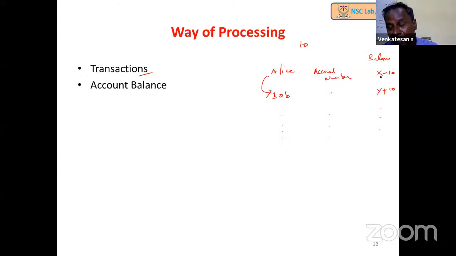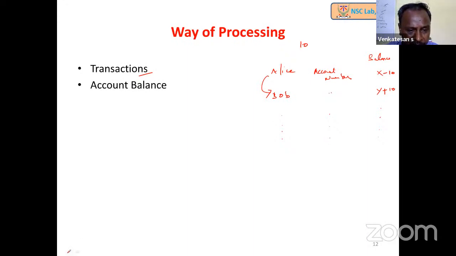If the balance is not sufficient, it will not be possible to make the transactions. Similarly, if the account is not present, then it is not possible to make the transactions. So this account balance will keep on updating based on the debit and credit. Everything will be subtraction and addition.